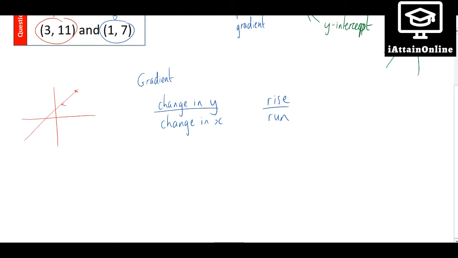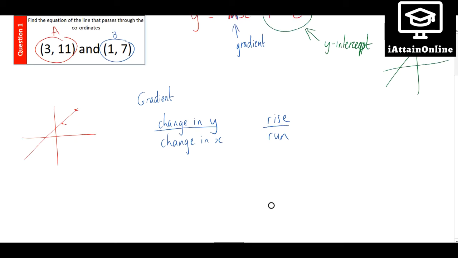I want you to be consistent with which coordinate you start with. To find the change in y: for coordinate A, the 3 represents my x coordinate and the 11 represents my y coordinate. And over here, coordinate B, the 1 represents the x and the 7 represents the y.